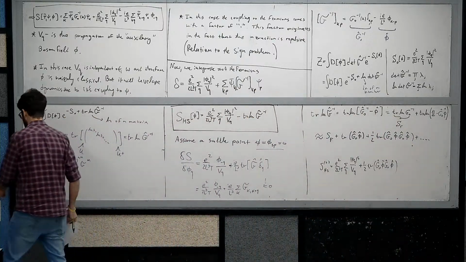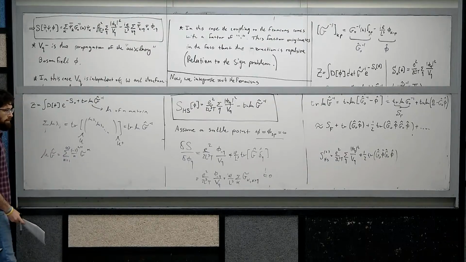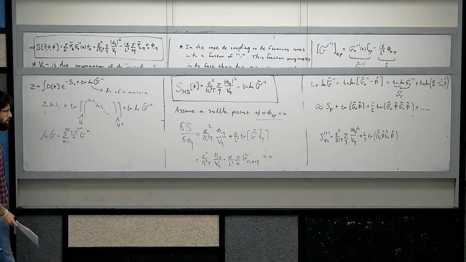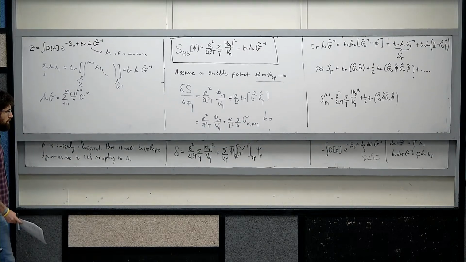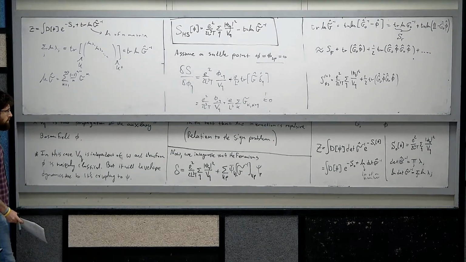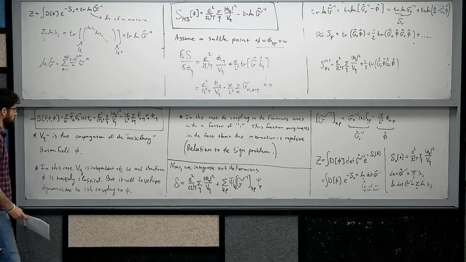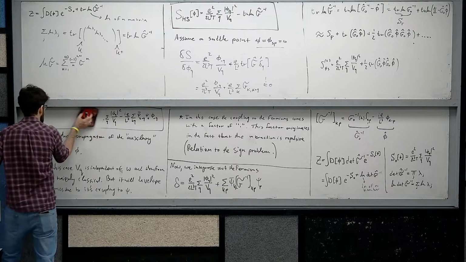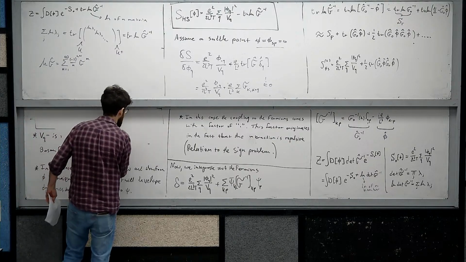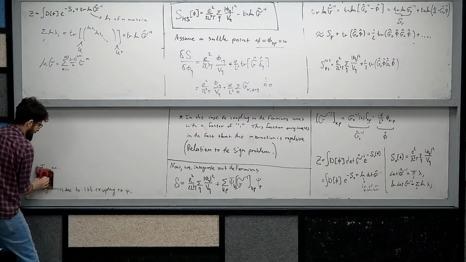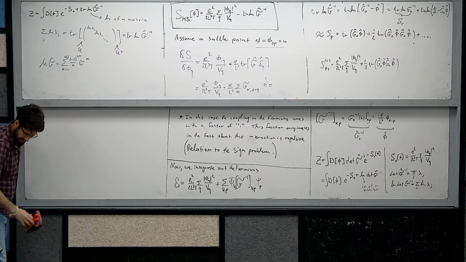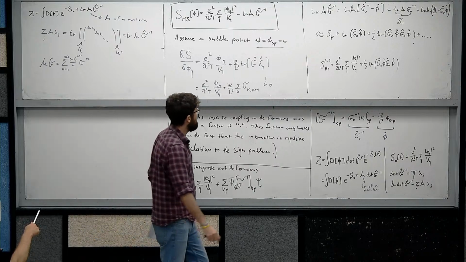So now let's compute this thing. Would it be a minus? Probably. I mean, originally we have like minus trace of. Minus.